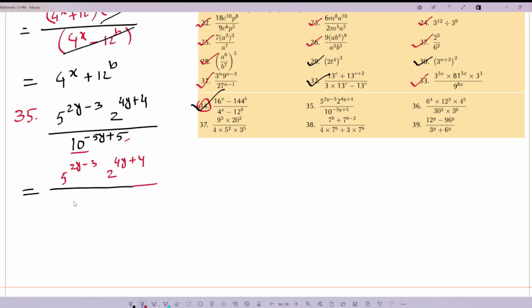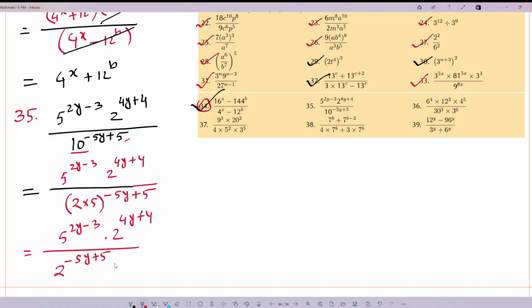This 10 we can write 2 times 5, then power minus 5y plus 5, so 2 to the power minus 5y plus 5 times 5 to the power minus 5y plus 5.